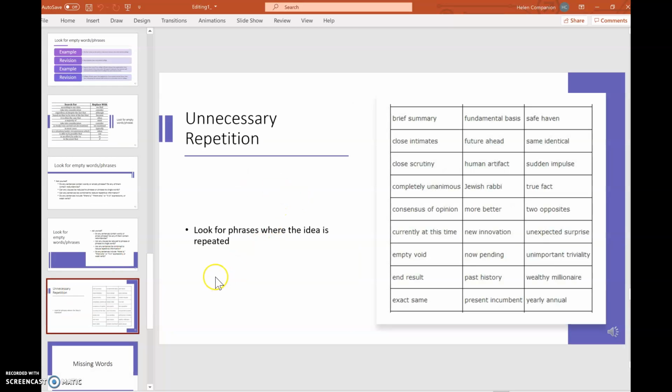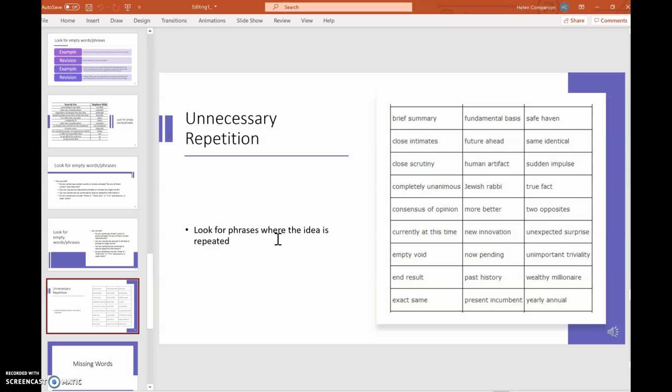Okay, so unnecessary repetition. The same idea is repeated within the same phrase. So a brief summary. Well, a summary is brief, so you don't need that. Currently and at this time: currently means the same thing as at this time, so you don't need both of them. Exact, same.